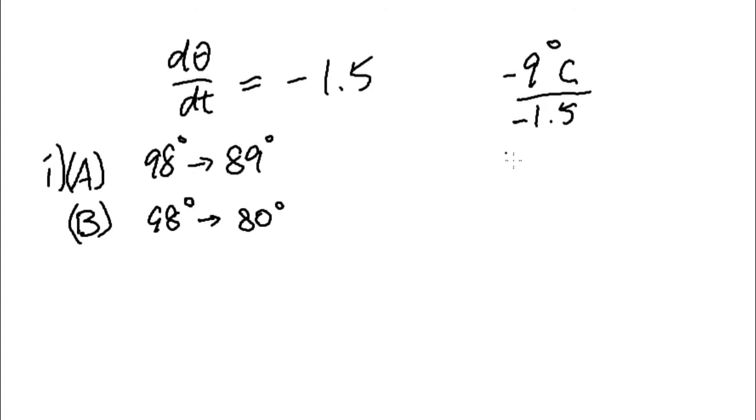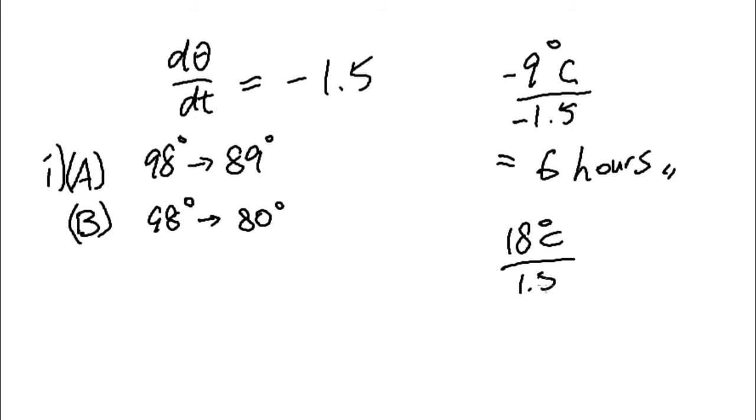But if you can see how to do this question, then you can ignore the negative sign because they do cancel out. So this will give you 6 hours for the first bit. Then for the second bit, you're dropping by 18 degrees, and every hour drops by 1.5, so that is 12 hours. So that's 2 marks for part 1.